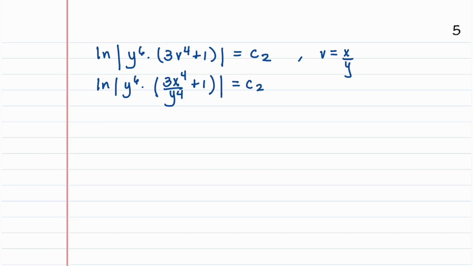Let's now multiply the y to the 6th through, and this gives us natural log of 3x to the 4th y squared plus y to the 6th. And then let's pull back out a y squared. In hindsight, we could have just multiplied by y to the 4th.